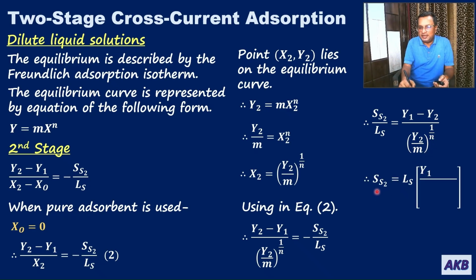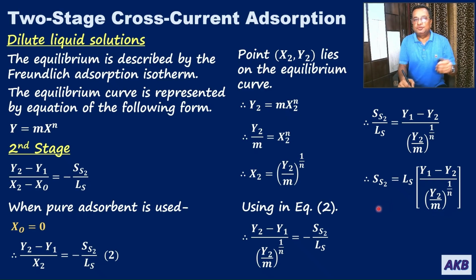That will give me an equation for SS2. So SS2 is equal to LS into capital Y1 minus capital Y2 divided by capital Y2 by m raised to 1 by n. This equation can be used to find out the amount of adsorbent that is required in stage number 2. Let us continue the discussion.